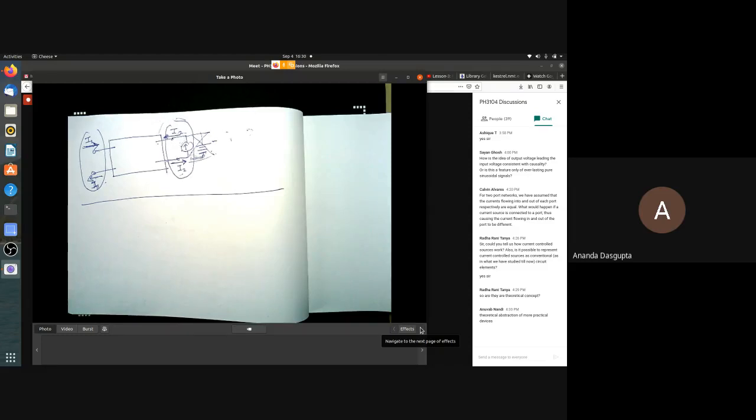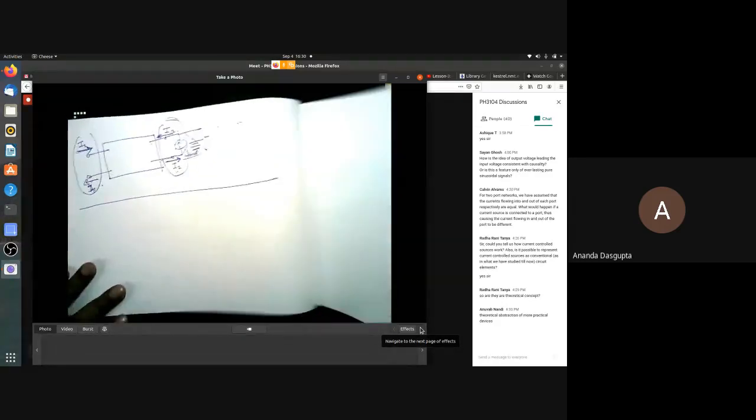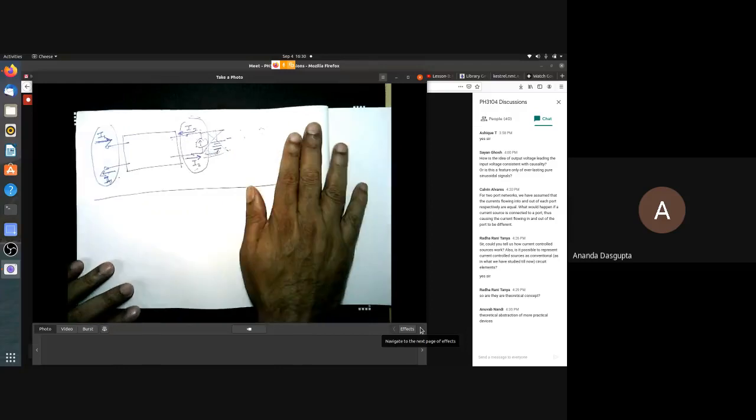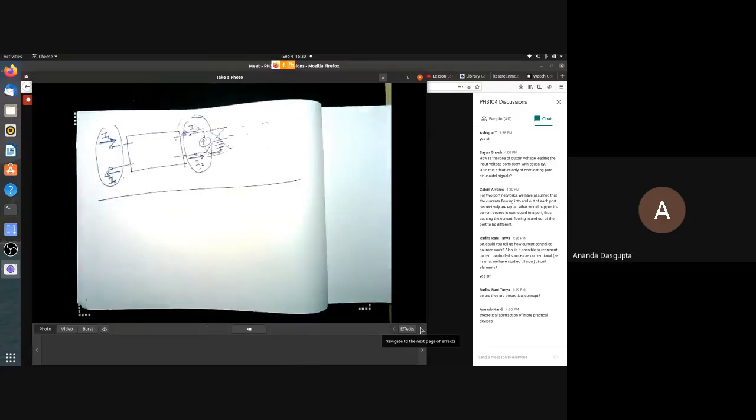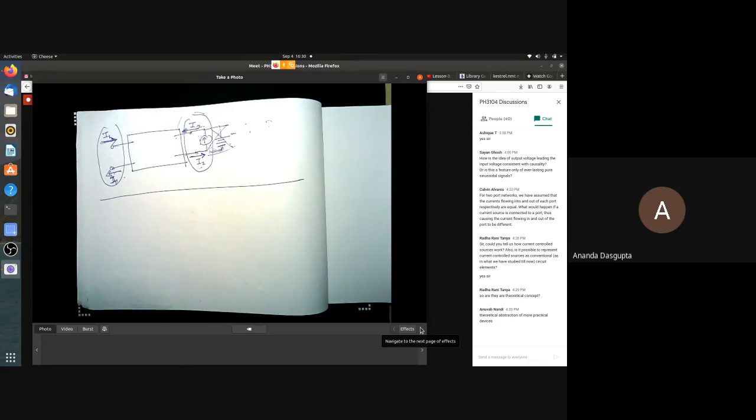Okay, but the point really is that they are typically not something you can make out of resistances, conductance, capacitances, or inductances. But in a sense, they are mostly theoretical abstractions. For example, when we talk of something like a transistor, you have already perhaps learned a bit about the transistor in your high school, and you know that there is something called a base, something called an emitter, and something called a collector.